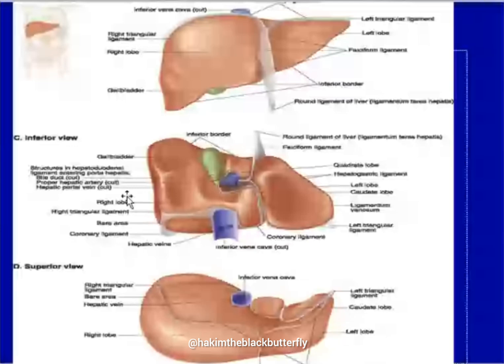Talking about the anterior surface, the inferior surface, the superior surface, the right anatomical lobe, the left anatomical lobe, the falciform ligament, and the features on the undersurface of the liver: gallbladder, portal hepatis, falciform ligament, caudate lobe, ligamentum venosum, inferior vena cava, and the rest. How the liver is attached onto the thoracic diaphragm and how the liver is attached onto the anterior abdominal wall to fix it in position. Don't forget that.